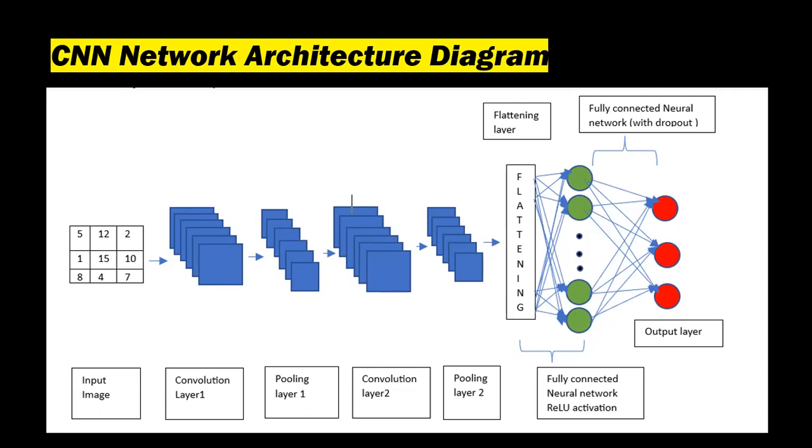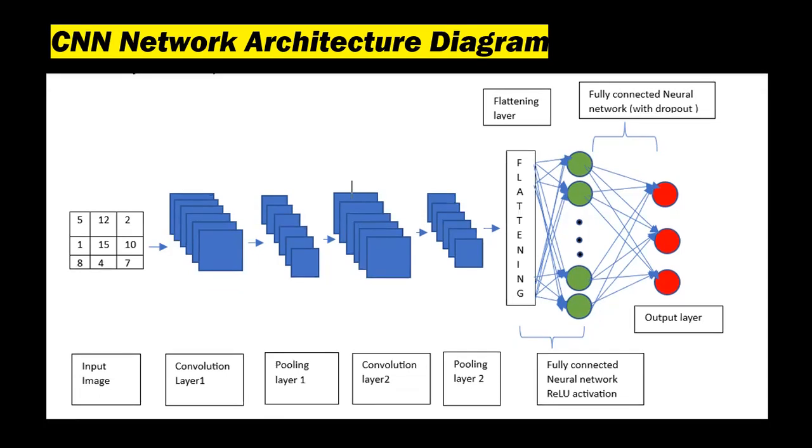In the flattening layer, it flattens the input that it got, which is nothing but the output that is sent by the pooling layer. After the data gets flattened, it goes to the fully connected neural network.